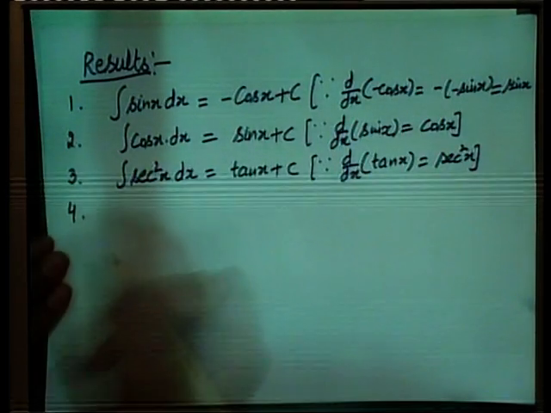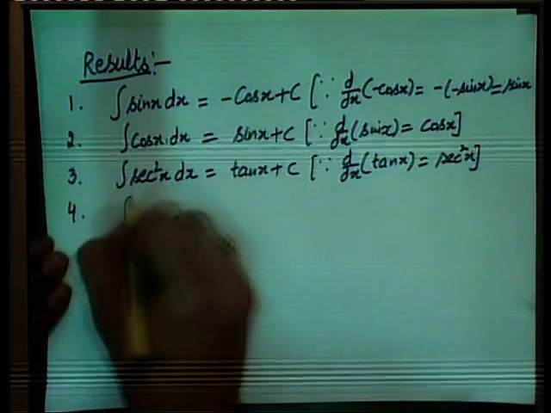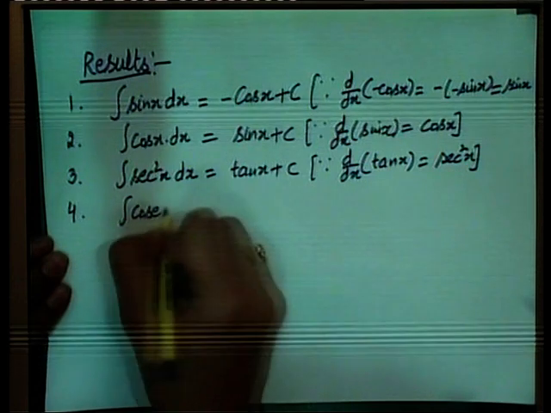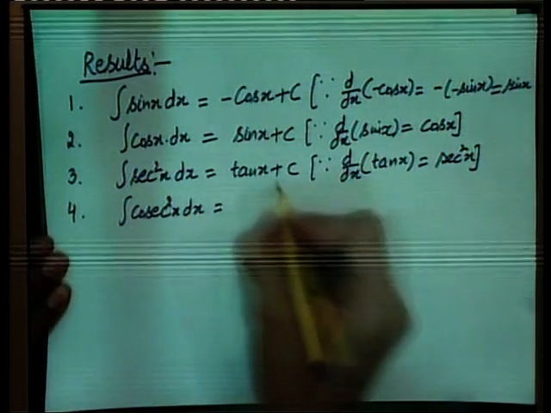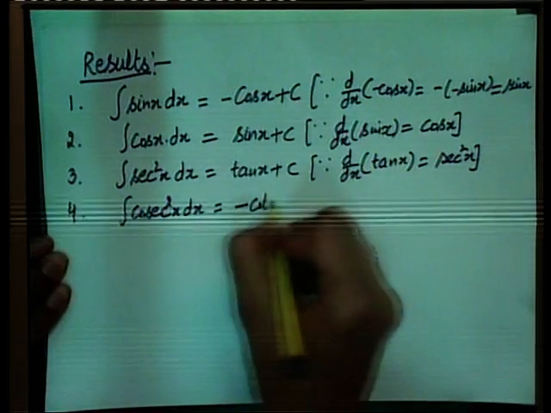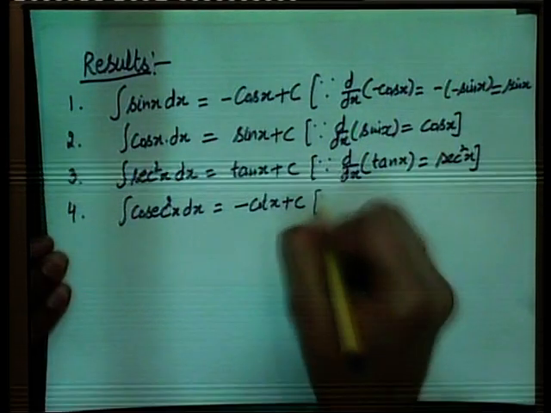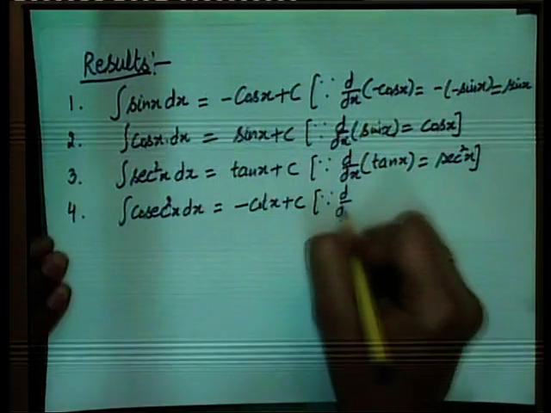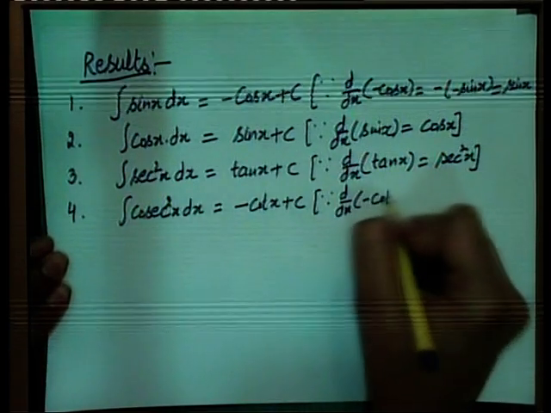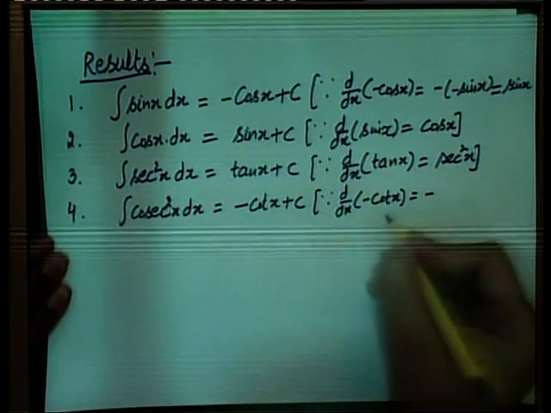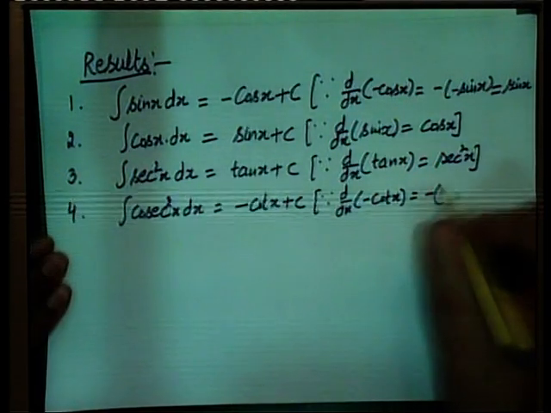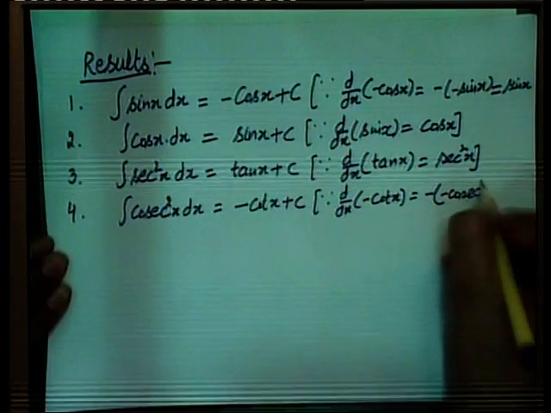Result 4 that we are going to use is integral of cosecant square x. This is equal to minus cotangent x plus c, because derivative of minus cotangent x, taking minus sign outside, and derivative of cotangent x is minus cosecant square x.